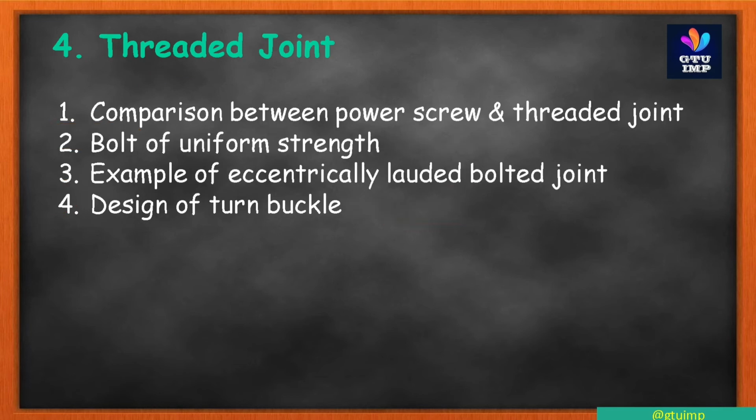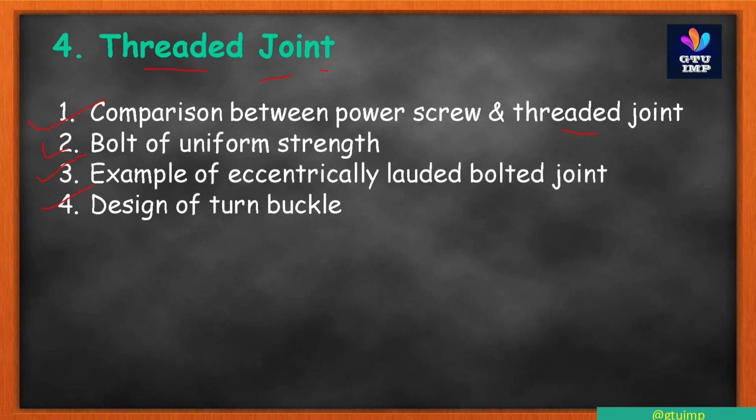Next, you can prepare the threaded joint chapter. In this chapter also there are 4 important questions. First is a comparison between power screw and threaded joint. Second question is a bolt of uniform strength. Third question is an example of an eccentric load bolted joint.